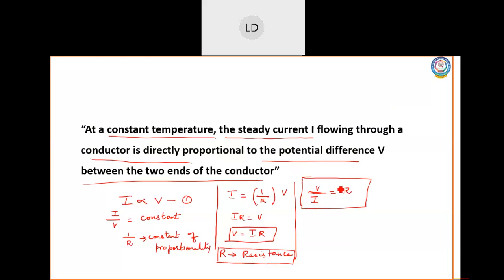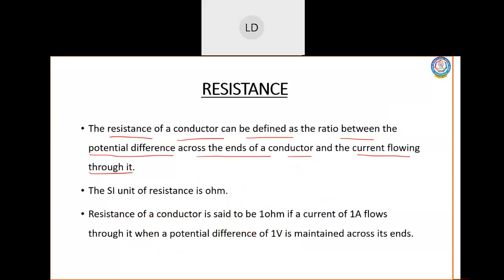Now every material has got its own value of resistance. This resistance will oppose the flow of charges. Now I will write here: resistance opposes the flow of charges in a circuit.